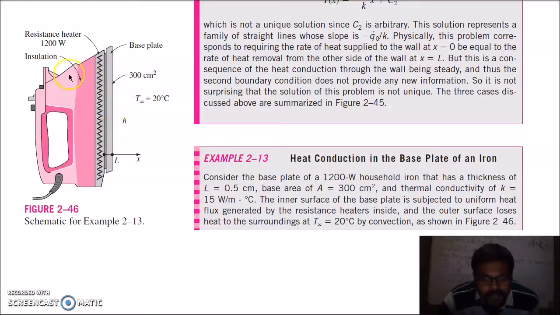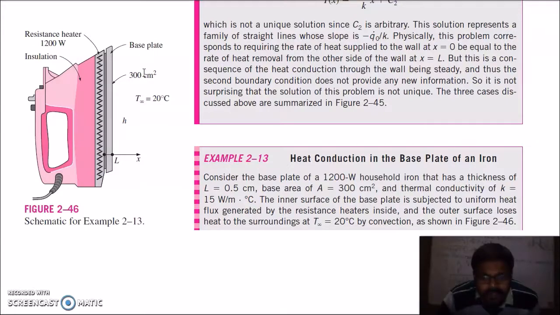Consider the base plate of a 1200 watt household iron that has a thickness of 0.5 centimeter, an area equal to 300 centimeter square, and a thermal conductivity of 0.15 watt per meter degree Celsius.